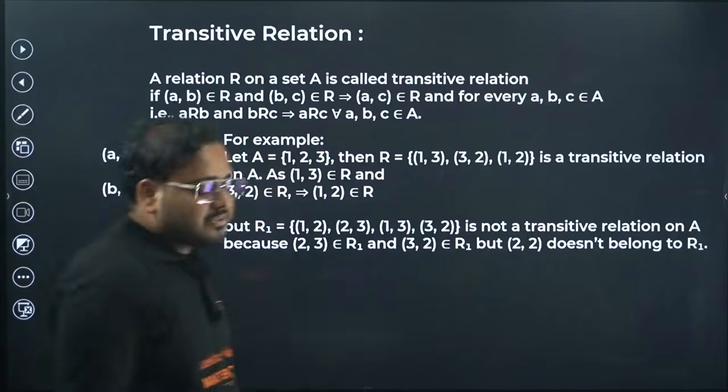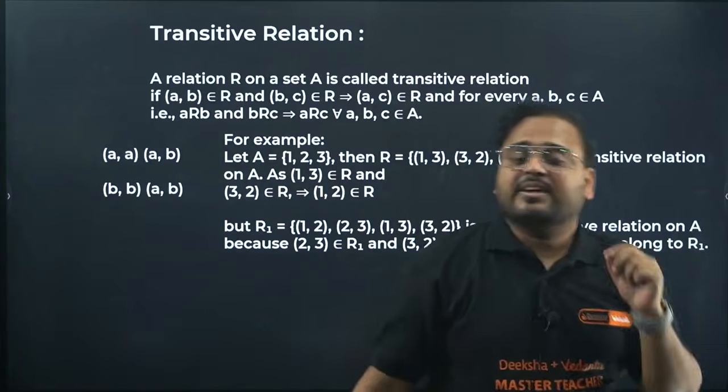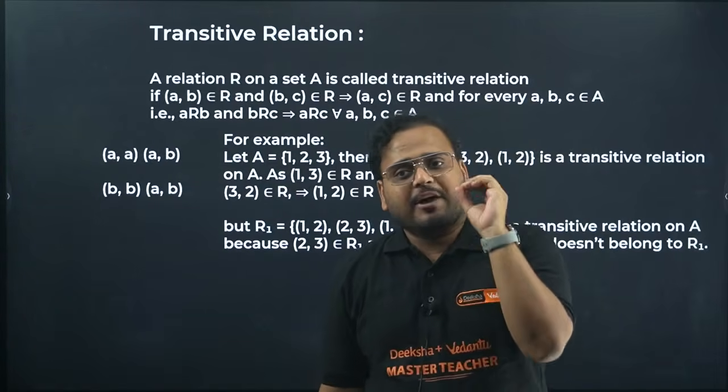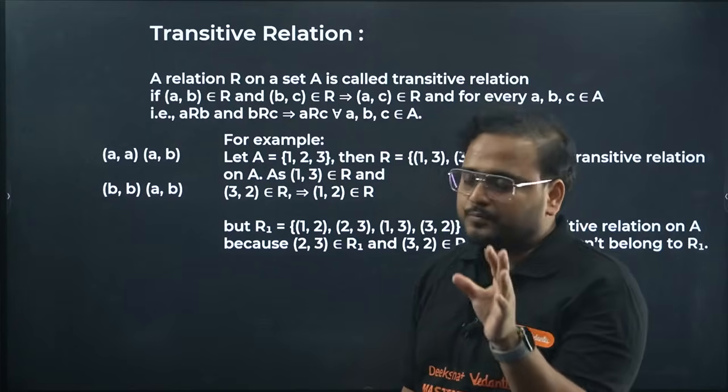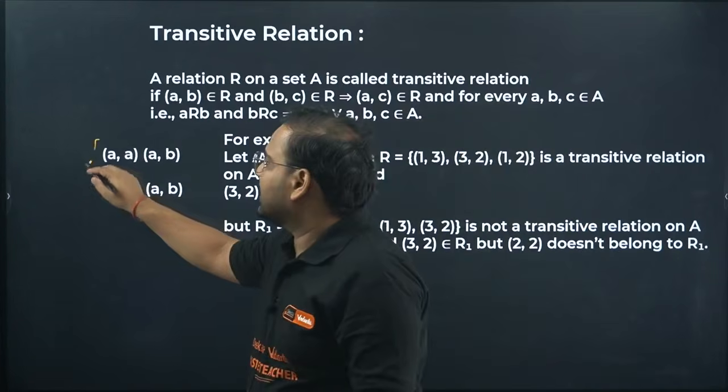Next is the last one, which is transitive relation. This is the case where students make mistakes. So I have a few points that I want to tell all of you. One point is written over here, I'll come to that later.